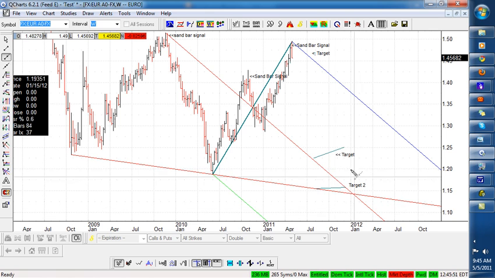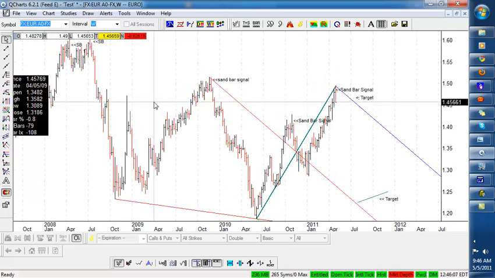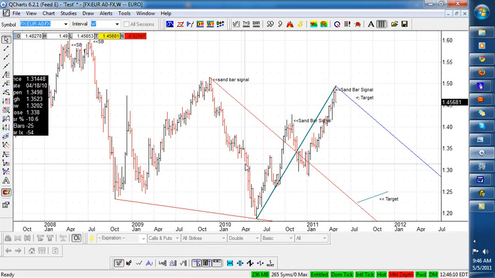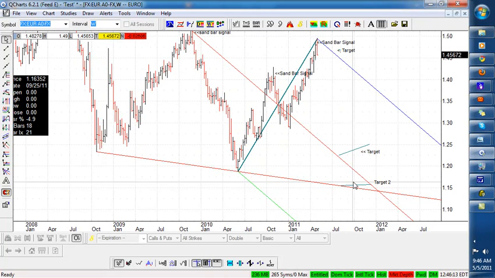And so typically I'm looking for this area here to be the target area. Why this target area down here? Well, because this pattern up here, if you look at, you have 0, 1, 2, 3, 4, and a possible 4 and a possible 5.